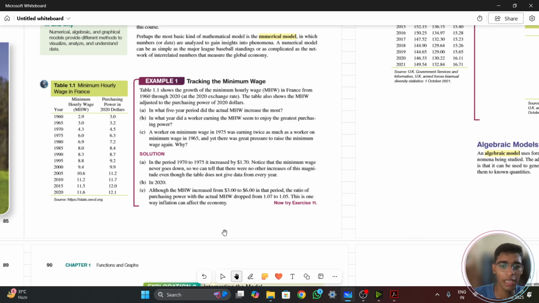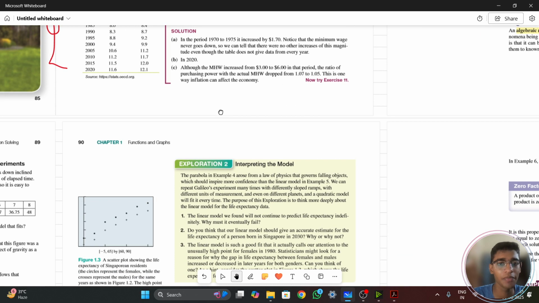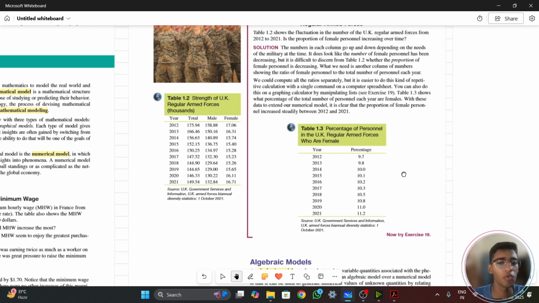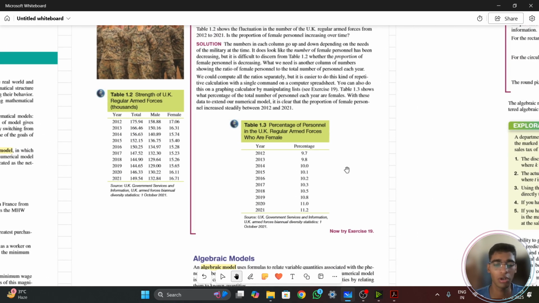They have taken the year into consideration, the minimum hourly wage, and the purchasing power in 2020 dollars. So they have got this raw data set, which is called a numerical model. This tabular form was just numerical formation of the raw data.